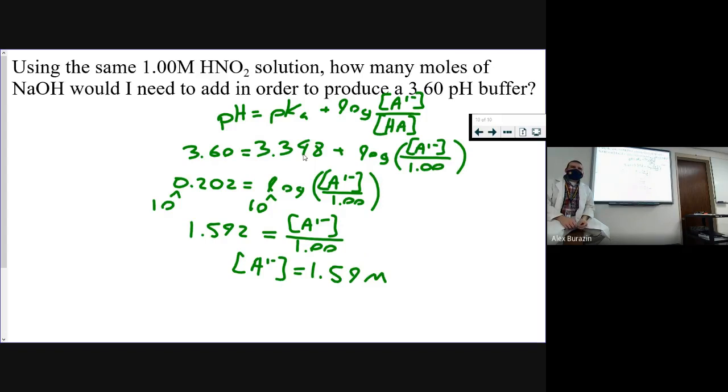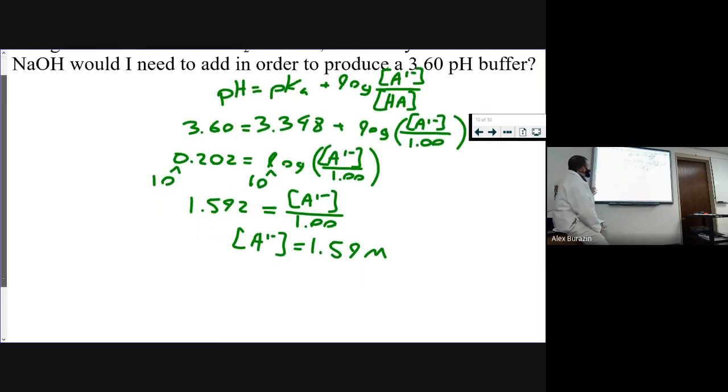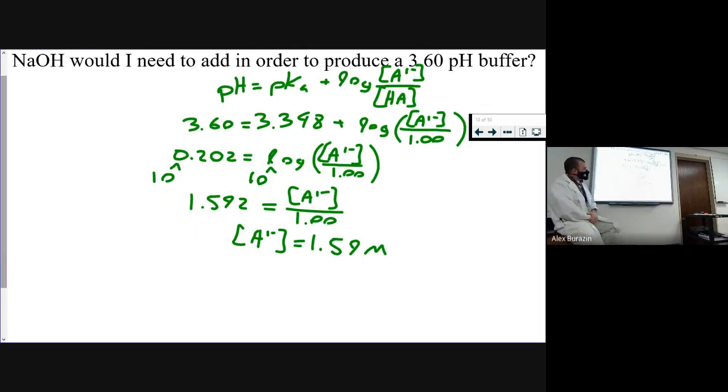Why? Well, we have this. In order to make this buffer, I'm adding sodium hydroxide to neutralize some of the acid, right? Kind of, but here's the other problem.